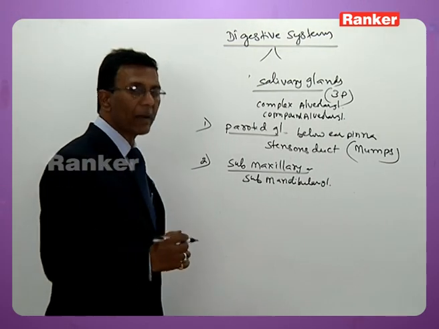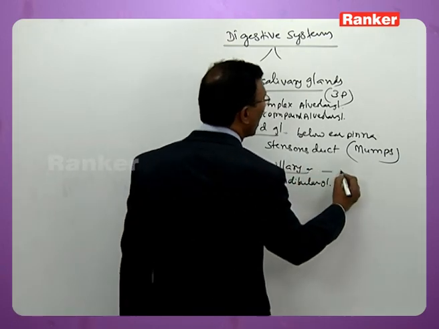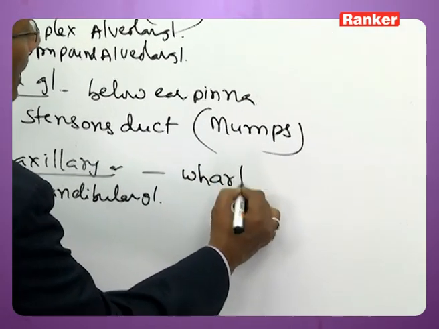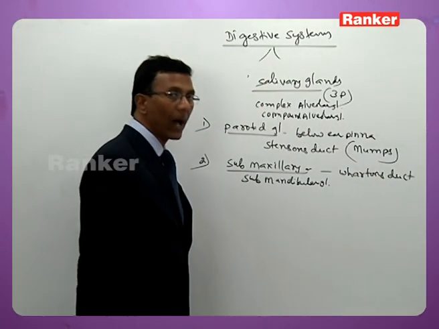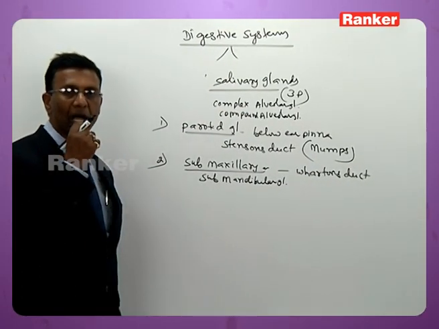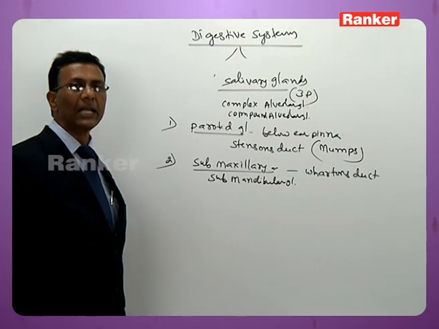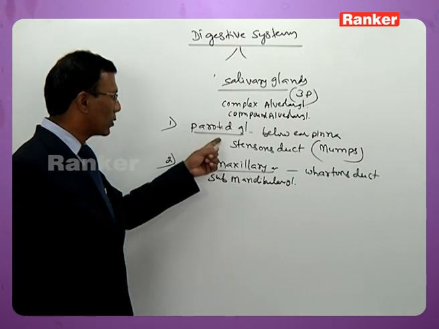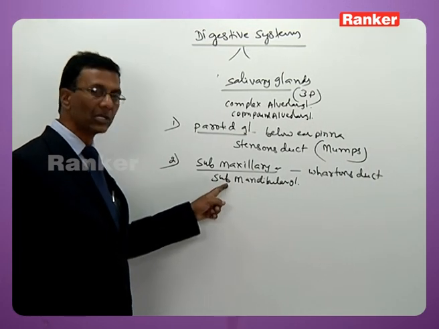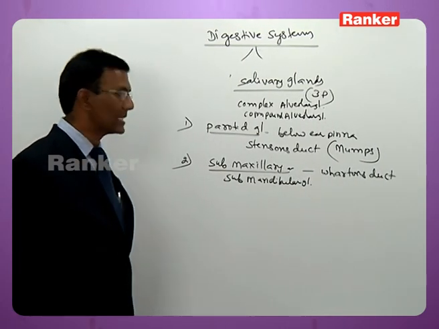The duct of the submaxillary or submandibular gland is called Wharton's duct. It opens into the lower jaw near the lower incisors.